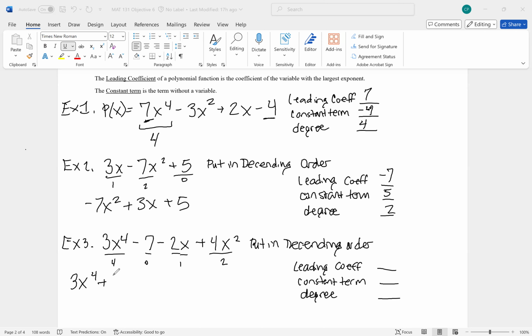Then we're going to have plus 4x squared. Then we're going to have minus 2x. Then we're going to have minus 7. So now we can see that our leading coefficient is going to be 3. The constant term is -7, and the degree is going to be 4.